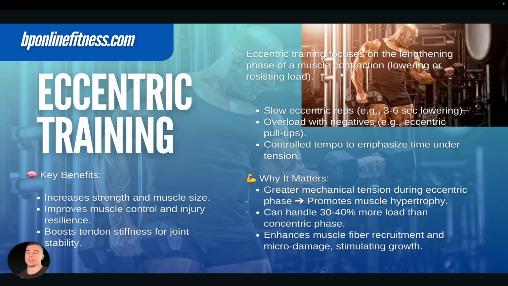That's the same concept here with eccentric training in that we're slowly lowering. Like with a bicep curl, we may spend a couple seconds doing that lowering phase, but when you intentionally think about slowly lowering the weight down in a bicep curl, you see a whole new type of training method versus just doing the normal bicep curl in the same time under tension.